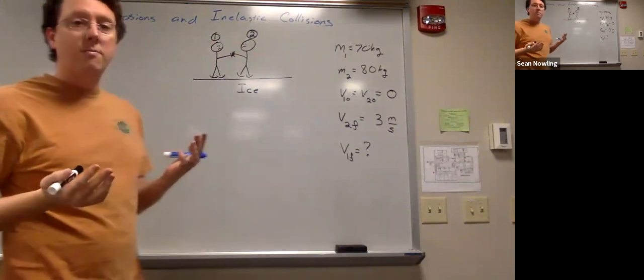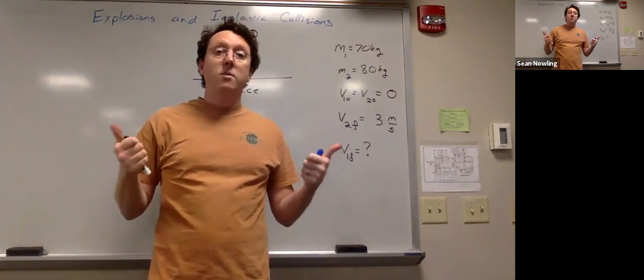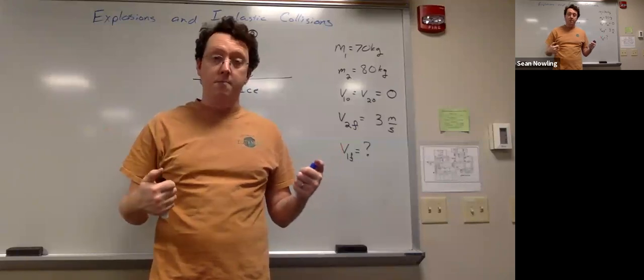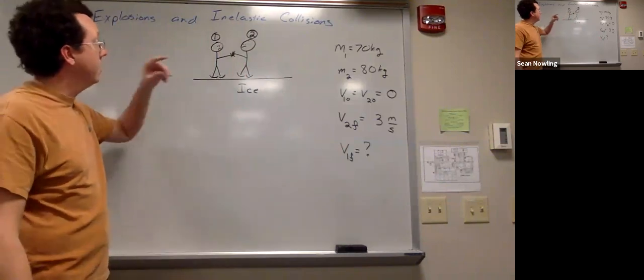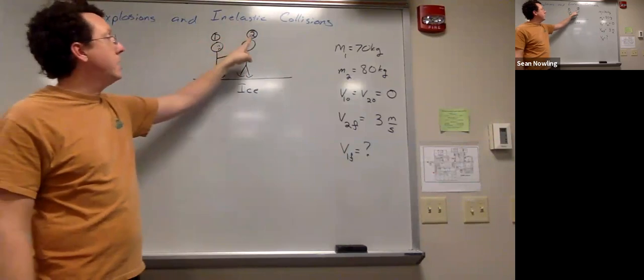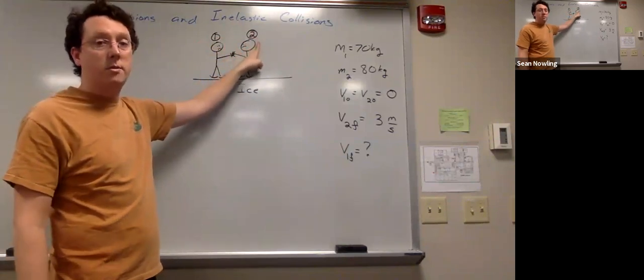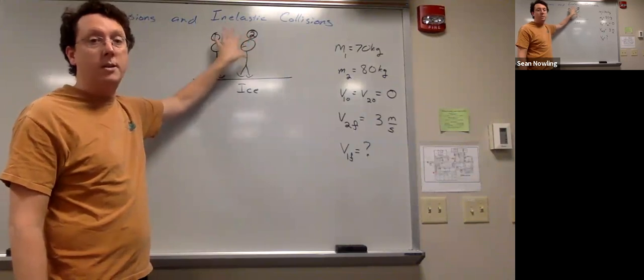Now I'm going to use the concepts. As always, what's the first thing I have to do? I have to choose a system. Now, we get a choice. We can make the system be person 1. We can make the system be person 2. Or we can make the system be 1 and 2 in total.